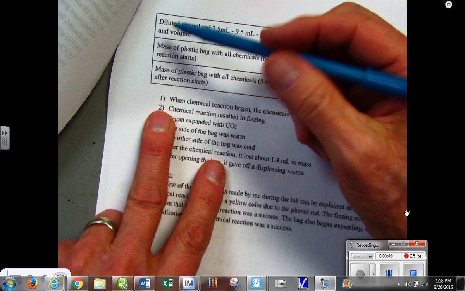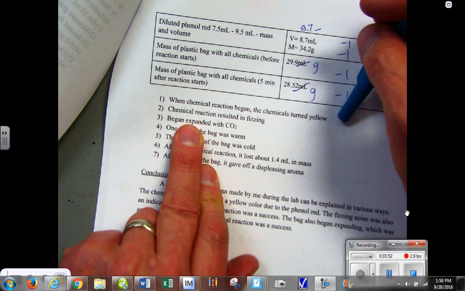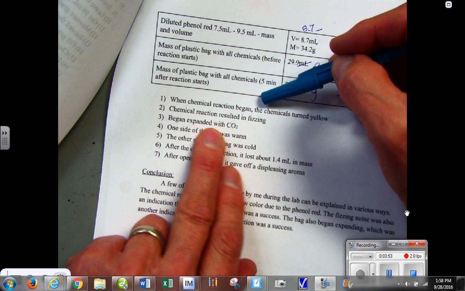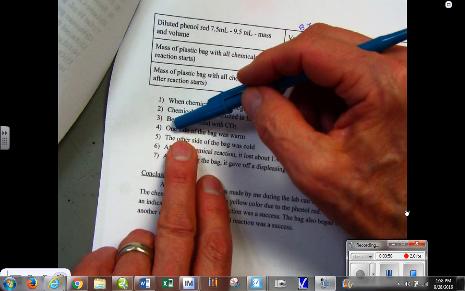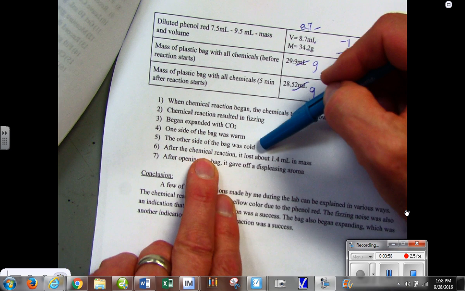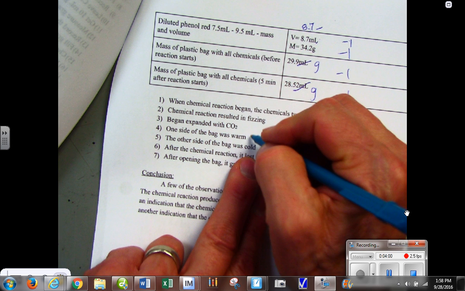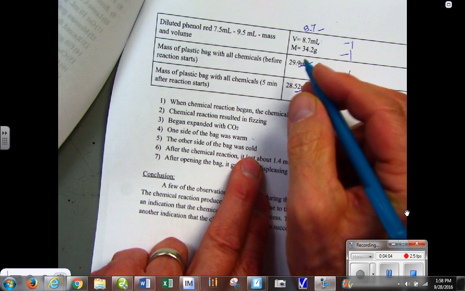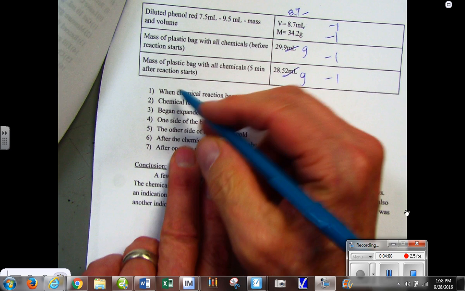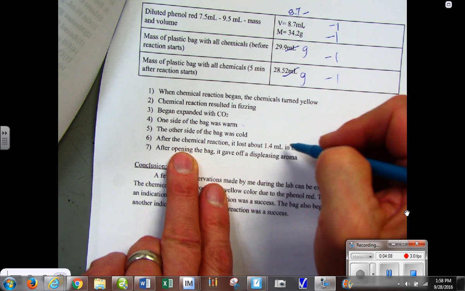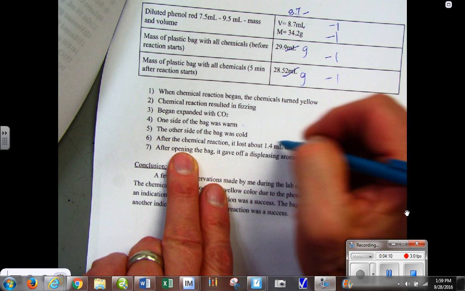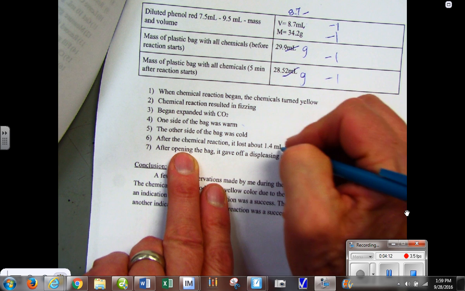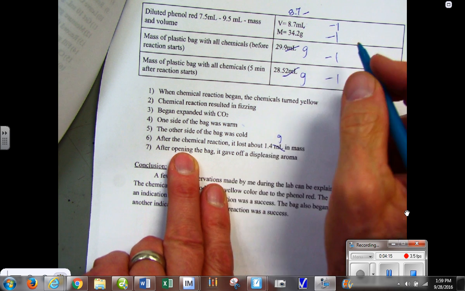Now you got other observations here. When chemical reactions begin, chemicals turn yellow. Chemical reaction resulted in fizzing. One side of the bag was warm, the other side of the bag was cold. I would like you to say what was in the side that was warm, what was in the side that was cold. And then after the chemical reaction, it lost 1.4 grams, I assume.